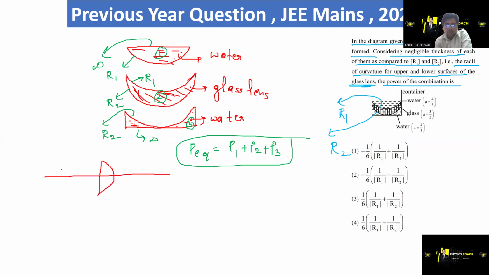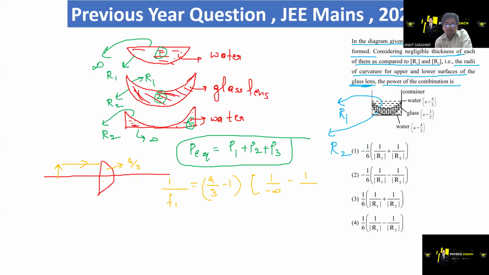For this lens, consider our object is somewhere here. Light is coming like this, air to water, 4 by 3. Now apply the formula: 1 upon F1 is equal to (4 by 3 minus 1) times (1 upon R1, where R1 is minus infinity, minus 1 upon R2).